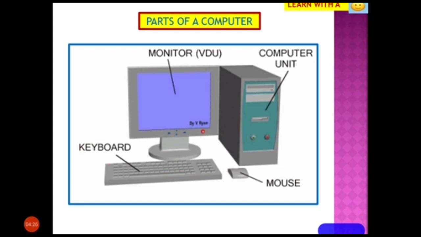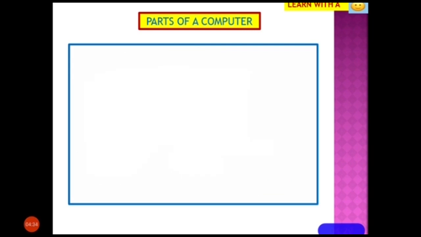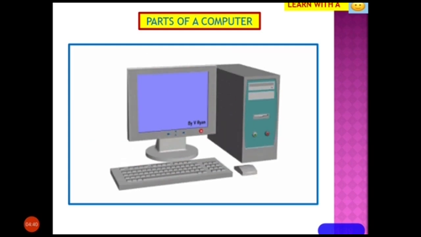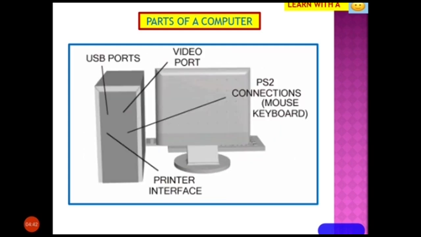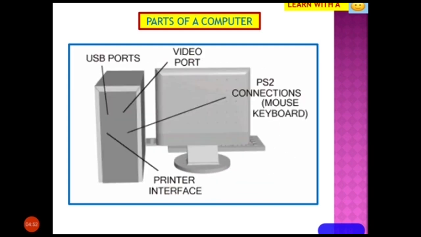These are the parts of a computer. There is nothing new in this, but I hope you all are aware of all the parts. Starting from monitor, keyboard, mouse, the computer unit or the cabinet, and the external USB ports through which we can connect the different devices or the different peripherals.